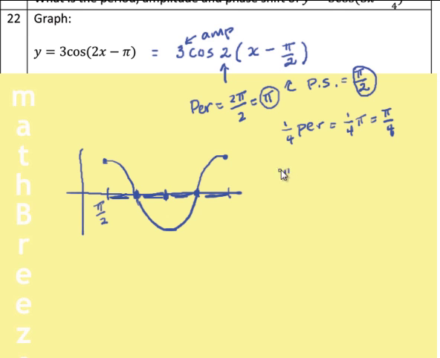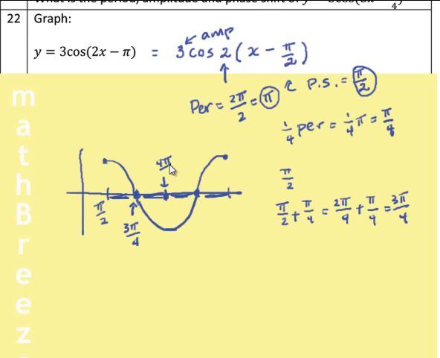All right, so we're starting at pi over 2, and next we have pi over 2 plus pi over 4. Pi over 2, that's 2 pi over 4 plus pi over 4. Just getting a common denominator, so that's 3 pi over 4. So this interval comes at 3 pi over 4. And let's add another pi over 4 here, and we have 4 pi over 4.